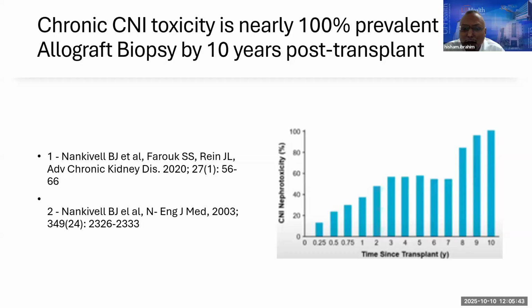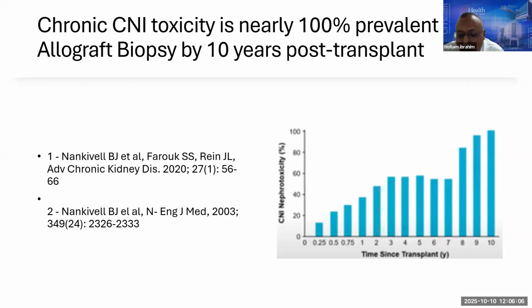Of course we have the issue that transplant glomerulopathy kind of confounds the picture in our kidney transplant patients. So it's hard to decide without doing biopsies how much of this is actually transplant glomerulopathy versus chronic CNI toxicity.